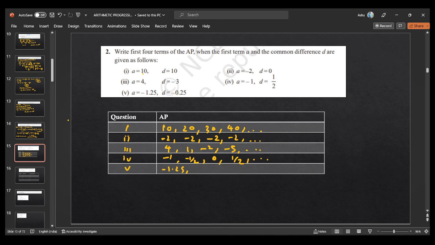Second term, if we add minus 0.25, 1.25 and 0.25 will give minus 1.50. And if we add 0.25 again, we get minus 1.75, then minus 2.00. That is the AP.